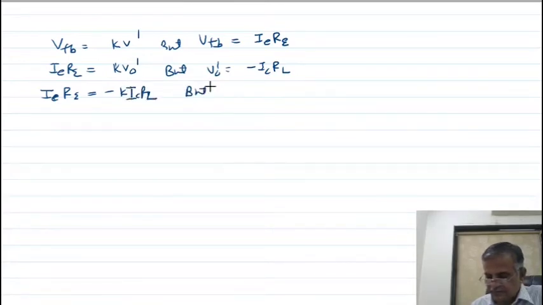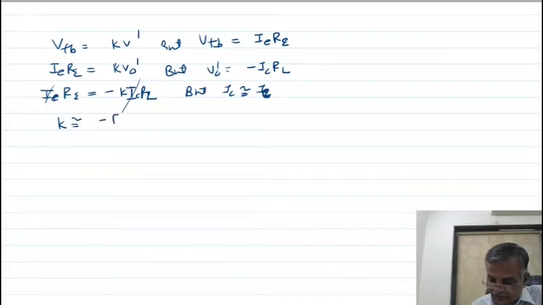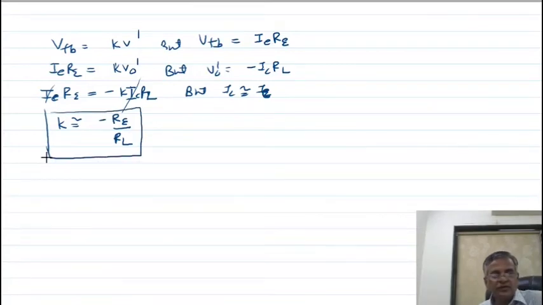But IC is nearly equal to IE, so it is cancelled. So the value of the feedback factor K is nearly equal to minus RE by RL. So how much part of the output is feeding back to the input, you are getting from this equation, RE by RL.